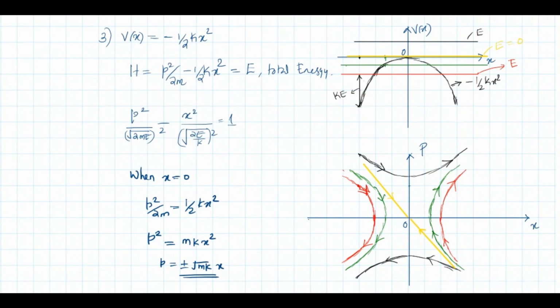This point x equal to 0 itself is an equilibrium point, and that is an unstable equilibrium. If you give some perturbation, the particle will go to infinity either towards this direction or towards this direction.